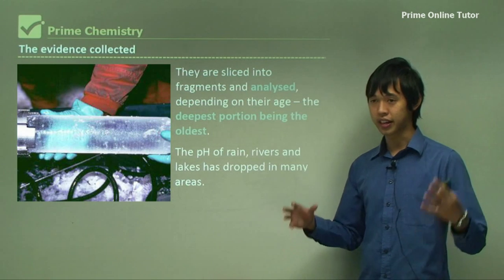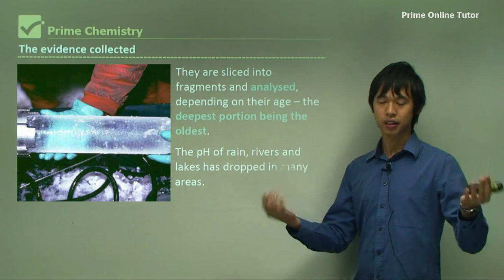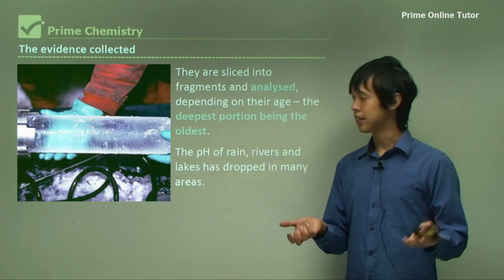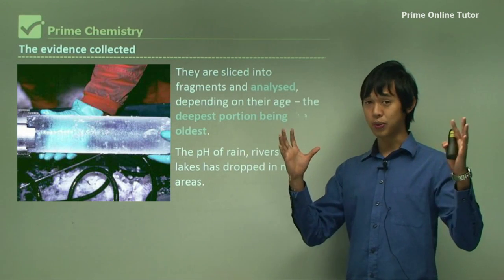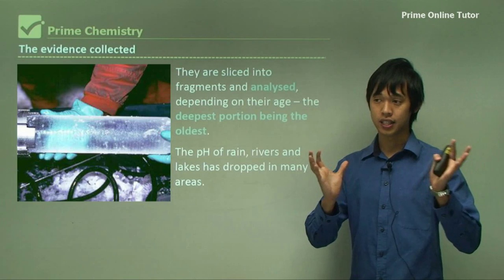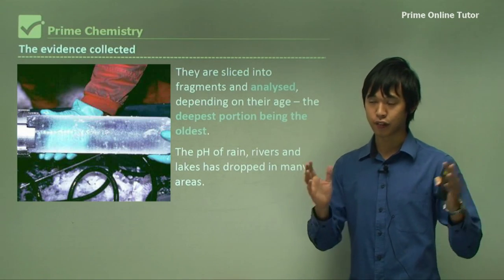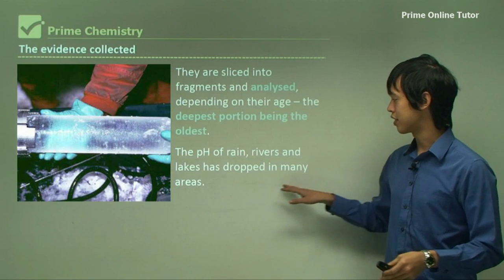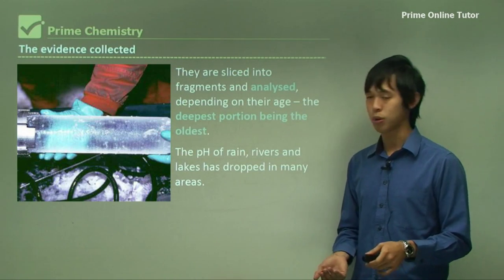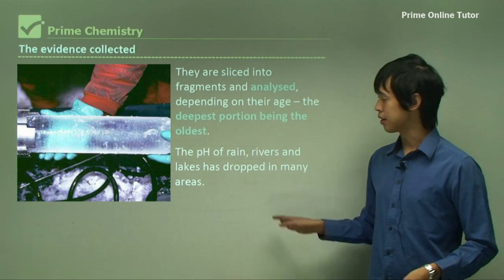The chemicals in the ice are dissolved in water, then they freeze together, so that's how we can analyze the situation. Other evidence that we've collected is that the pH of rain, rivers and lakes has dropped in many areas. What does that mean?